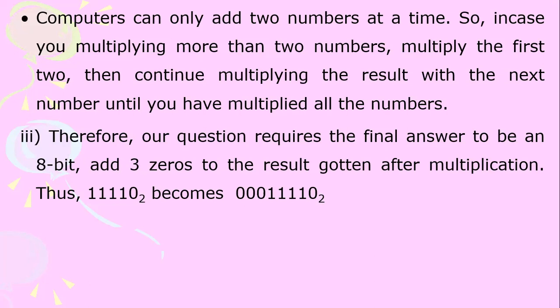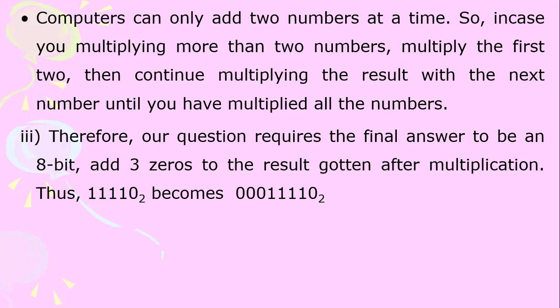In other words, because we have gotten our answer as 11110, but the question requires it to be 8 bits, it means we add 3 zeros on the most significant side of our answer. That is 000. We add those bits to 11110, which gives us 00011110 in binary.